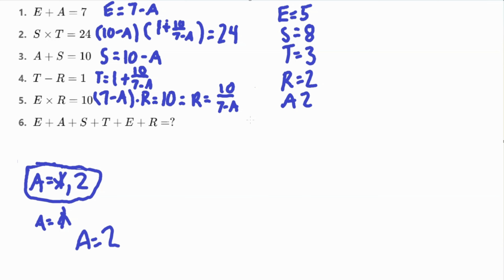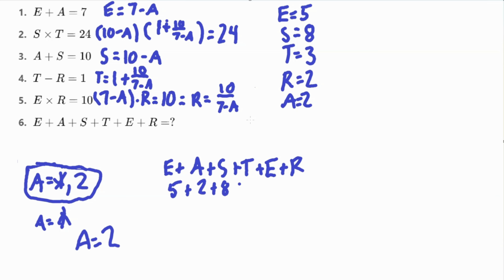So now we want to find Easter. E plus a plus s plus t plus e plus r. If we want to find our value for this, we simply just add our 5 plus 2 plus 8 plus 3 plus 5, sorry, not plus 2, but plus 5.